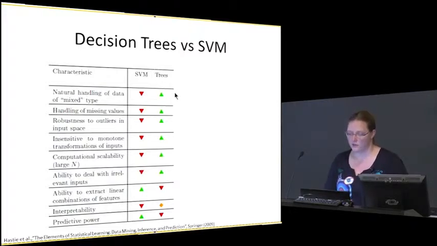And the reason is, although it has all these nice green triangles here, that there's a weight on the predictive power, and this is most of the time the attribute we're most interested in. And I don't care whether my decision tree can handle mixed types or is robust to outliers in the input space if in the end the prediction performance is not as good as for the support vector machine.